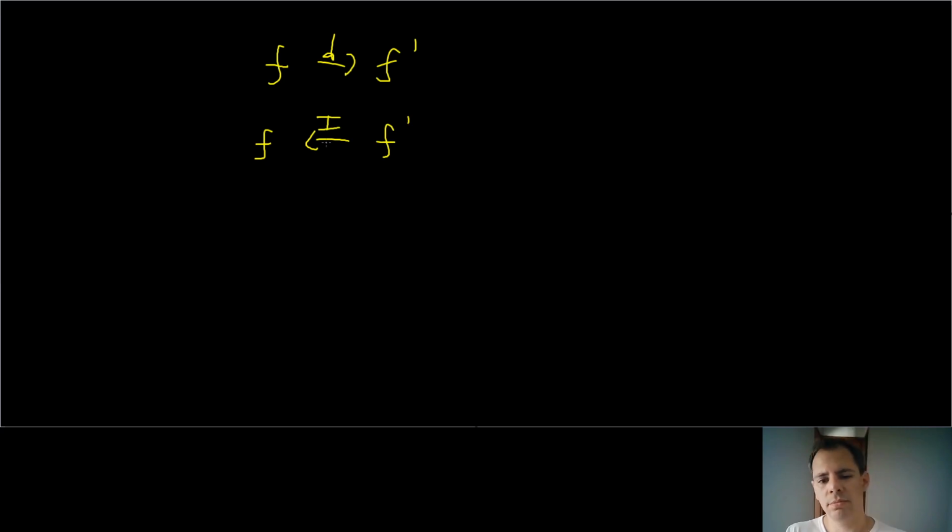When you have a function and you differentiate it, it becomes the derivative, right? If you want to do the reverse thing, you integrate. So it's integration.